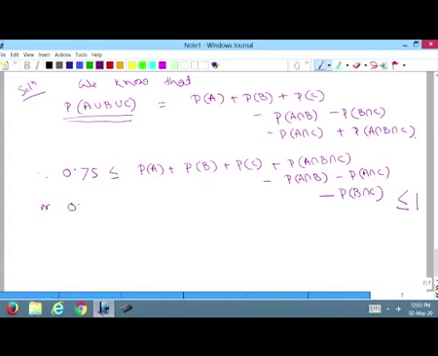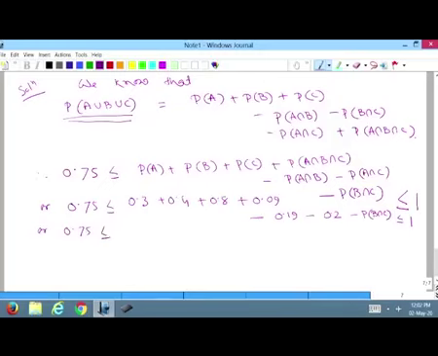Or 0.75 is less than or equal to 0.3 plus 0.4 plus 0.8 plus 0.09 minus 0.19 minus 0.2 minus probability of B intersection C, less than or equal to 1.